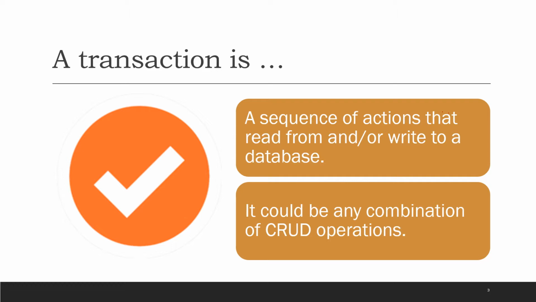And when we are talking about, for example, withdrawing money, what kind of operations would we perform to do that business transaction? Definitely you need to read how much money the user has in his or her account. After that, you need to update the balance that the user withdrew from his account.